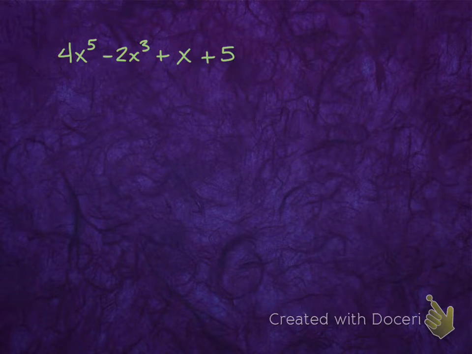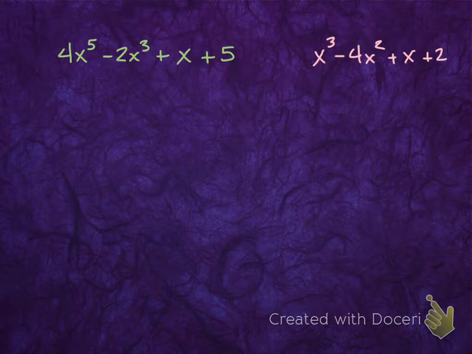So that one's big and gnarly, but that's okay. And then let's say you have x cubed minus 4x squared plus x plus 2. And let's say we're supposed to add these two together. Let me put a plus in between them.